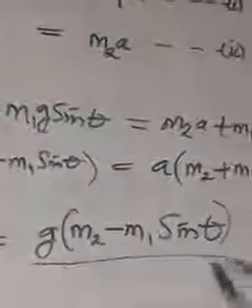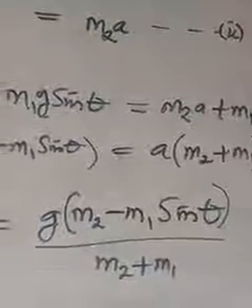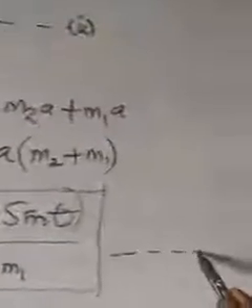In order to get our acceleration, we have to divide both sides by M2 plus M1. Acceleration will now be G multiplied by M2 minus M1 sine theta divided by M2 plus M1. So with this, we can calculate the acceleration of the body. We call this equation 3.